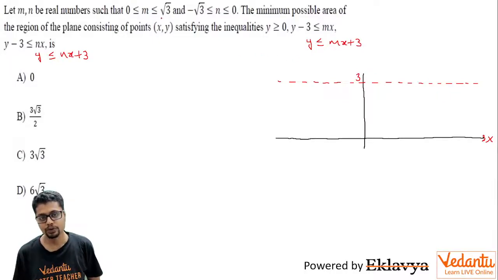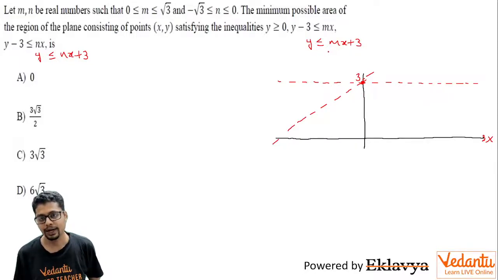from 0 to root 3, this line y equal to mx plus 3 is definitely passing through the point (0, 3), because no matter what m is, as you put x to be 0, you get y to be 3.